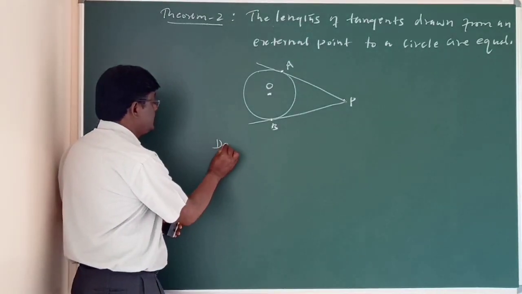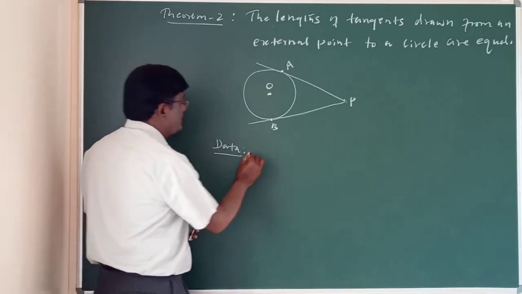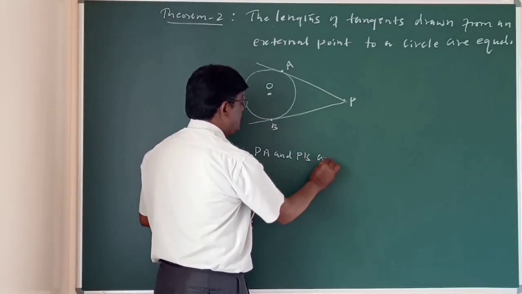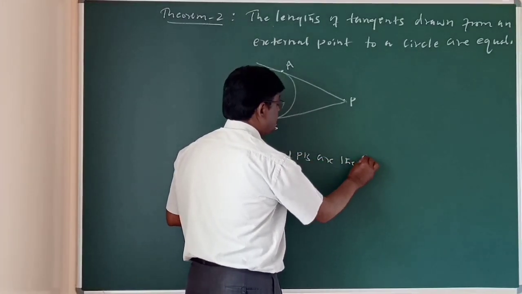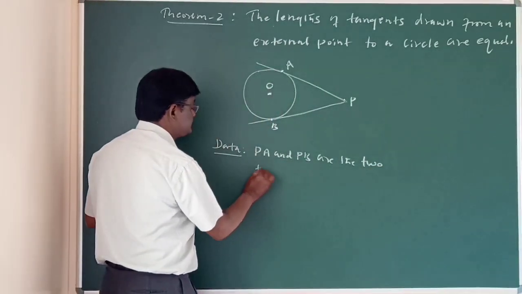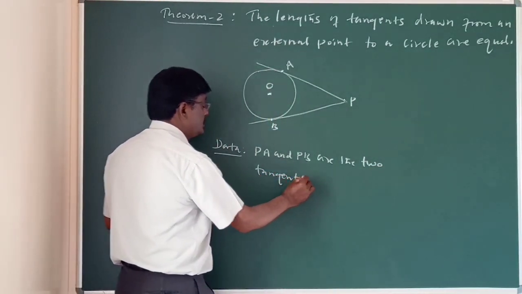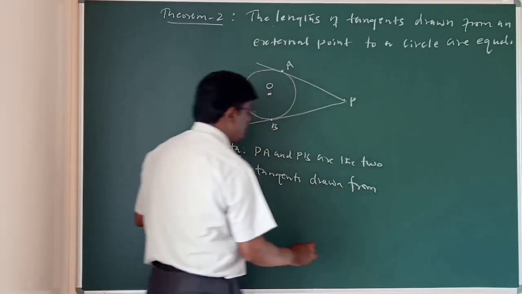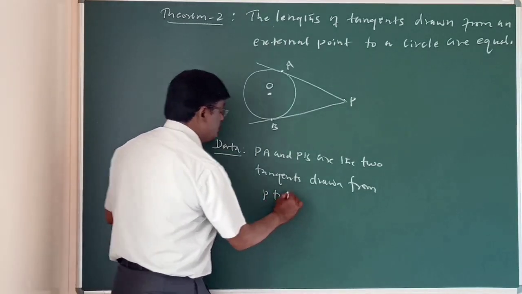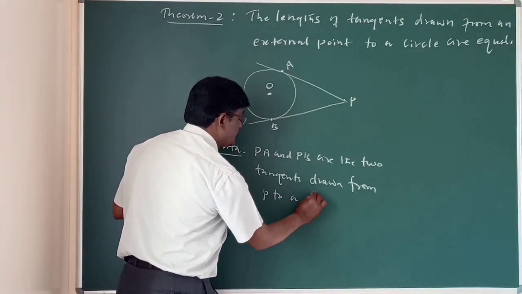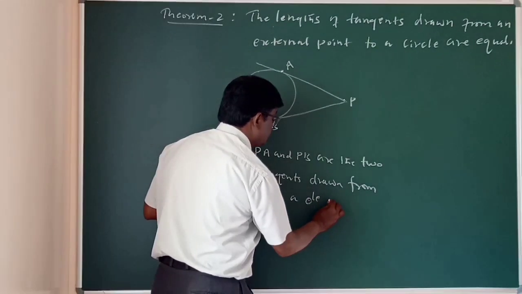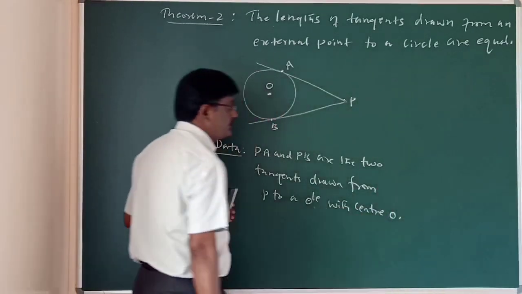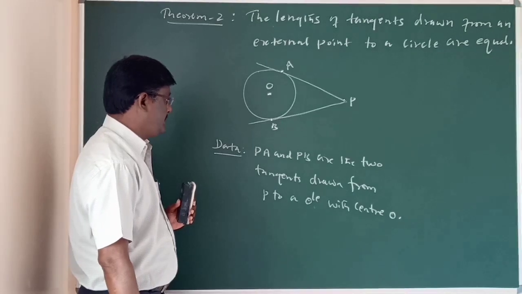Then what is the data? PA and PB are the two tangents drawn from P to a circle with center O. So this is the given, or we say data.